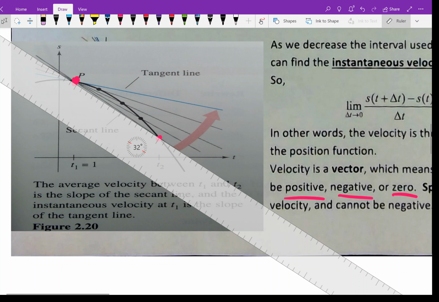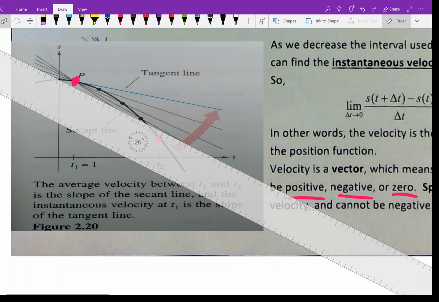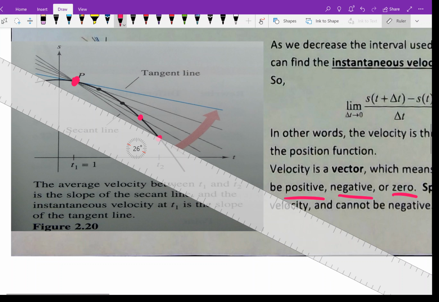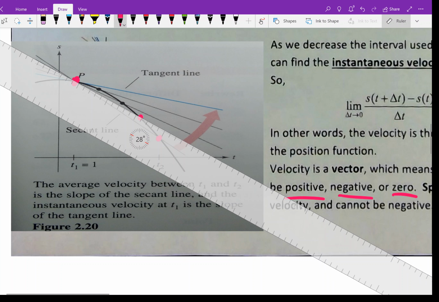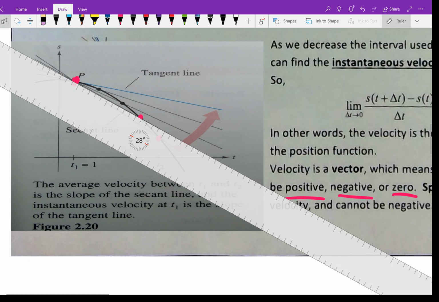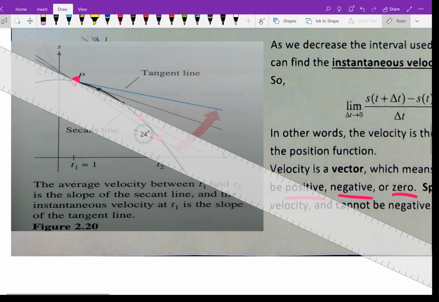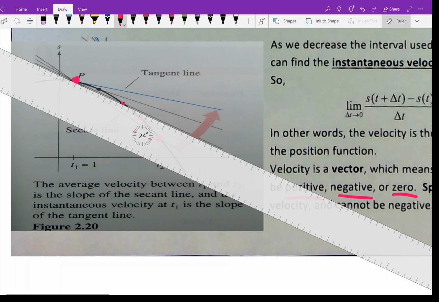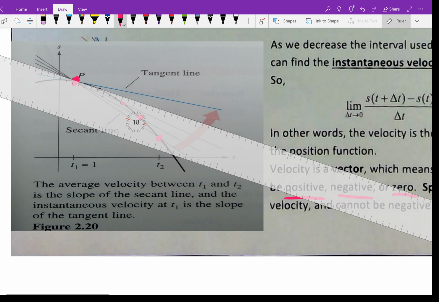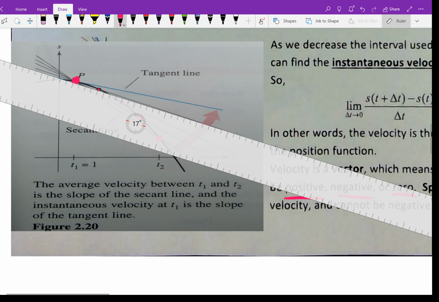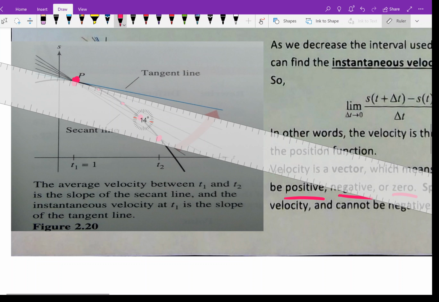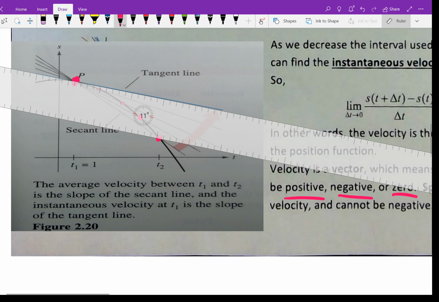As I make the interval smaller, and here's another point right here, smaller, and finally making that interval super tiny, those secant lines end up approaching my tangent line.